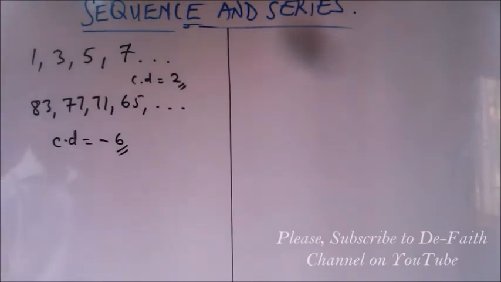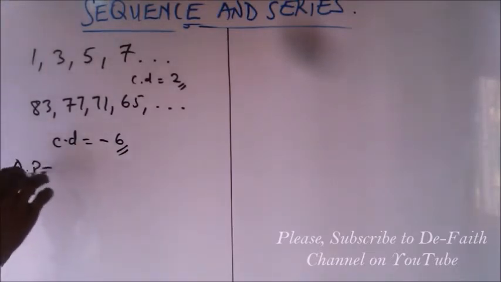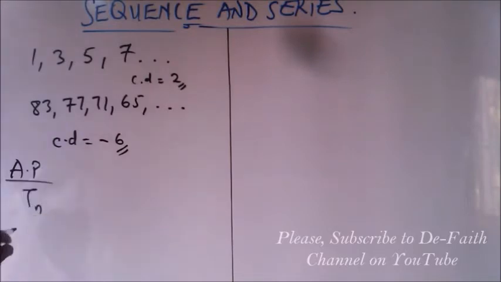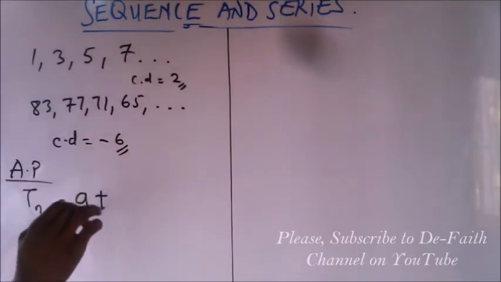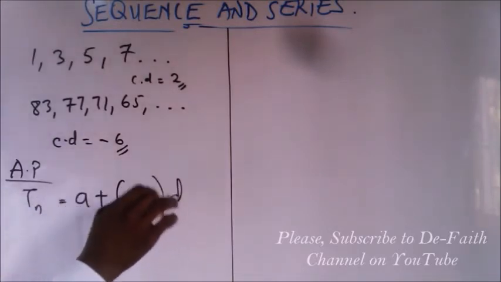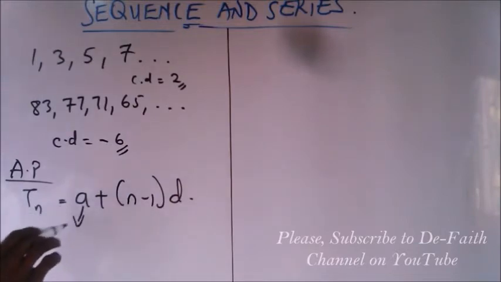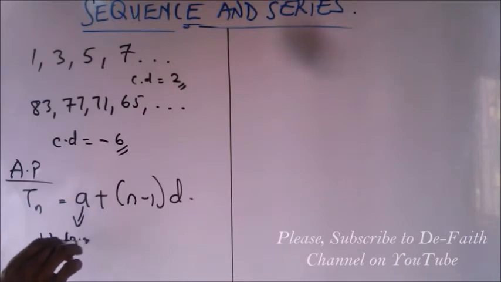Under this sequence, we have what we call arithmetic sequence, also known as arithmetic progression. And arithmetic progression, AP, has a formula of nth term equal to first term plus n minus 1 into bracket D, where A represents the first term of the sequence.